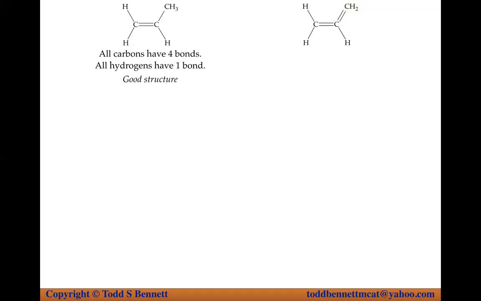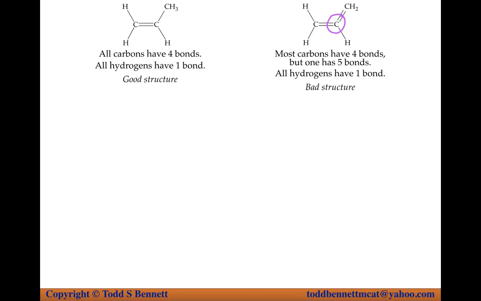This one's good. But this carbon right here, bad because it makes 5 bonds. Now 5 bonds to carbon means this structure is not possible. All the hydrogens are good, but that 1 carbon's off. So I'm going to call that a bad structure. And we'll worry about how we can fix it later, but for now it's a bad structure based on that additional bond.